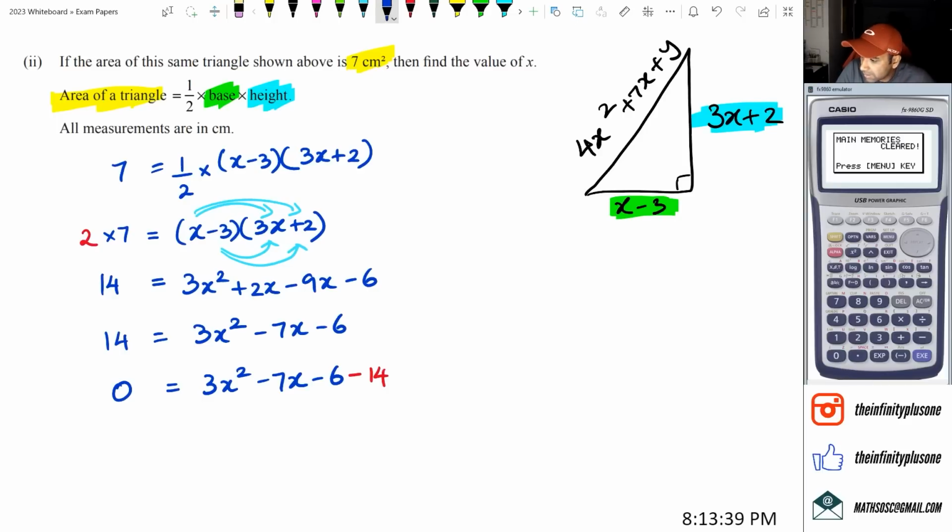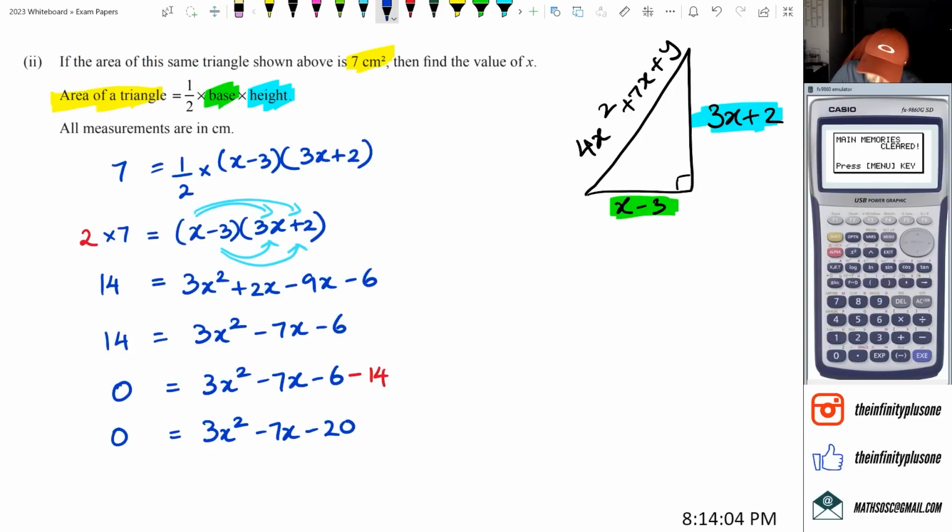So finally we're going to get something where we have a quadratic that is 3x squared minus 7x minus 20. Now we need to factorize this, and as we've done earlier in these types of questions, if you know how to factorize this in your own way and you're completely happy with the answer, then by all means you can go for it.